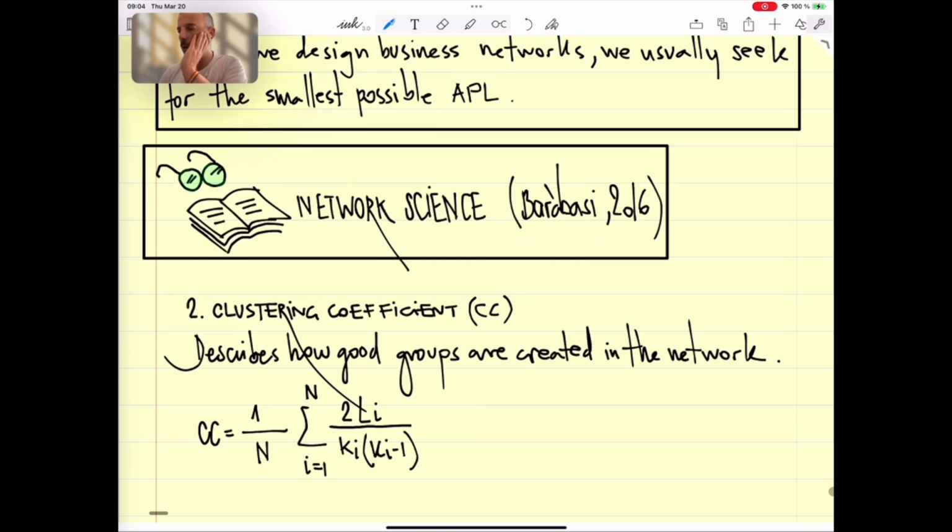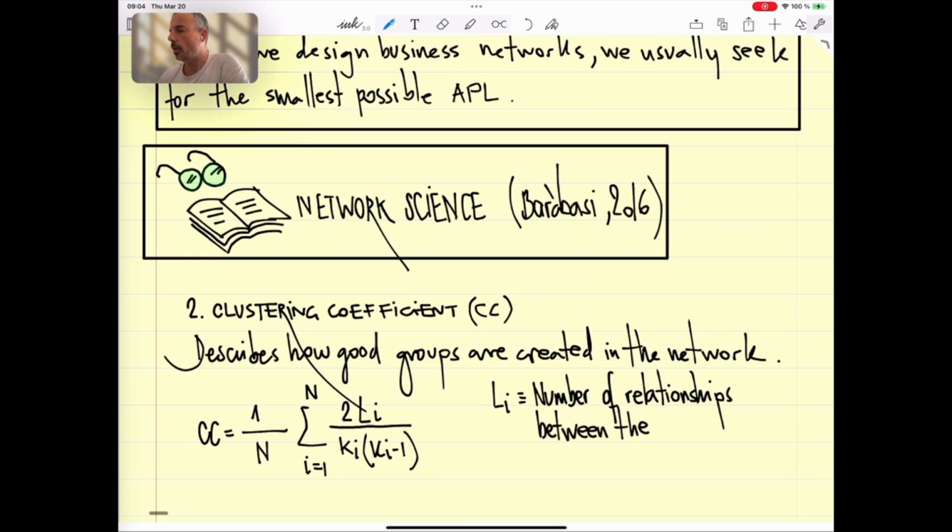So what is L sub i? This is the number of relationships between the neighbors of node i.